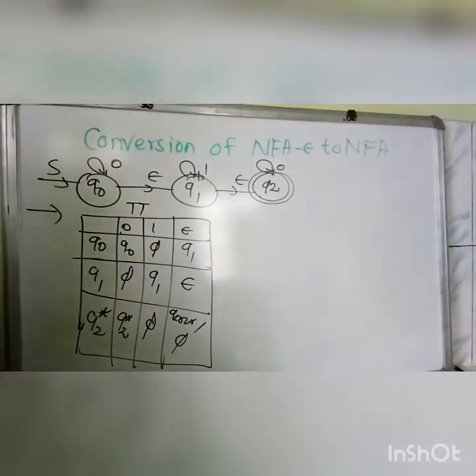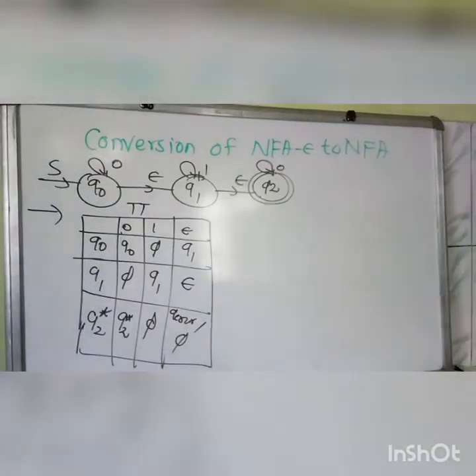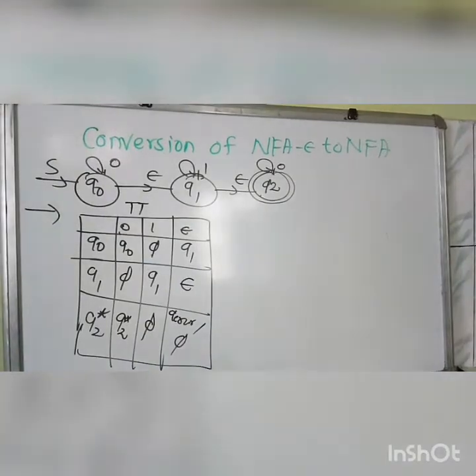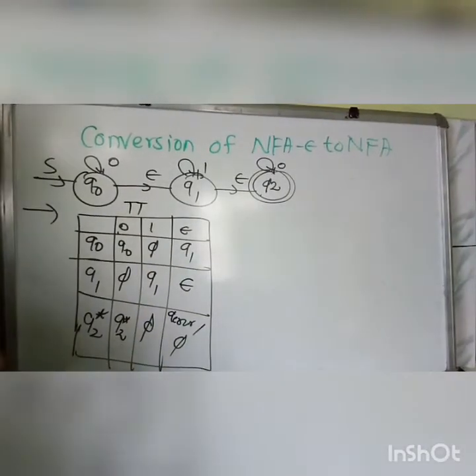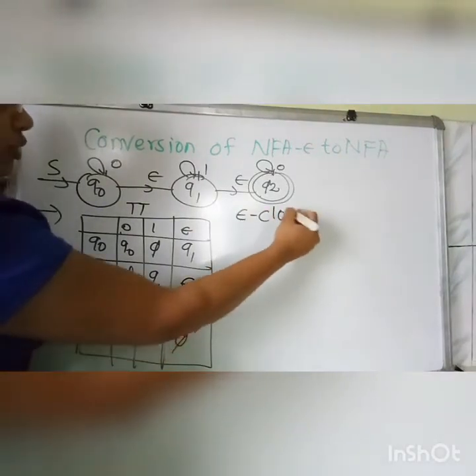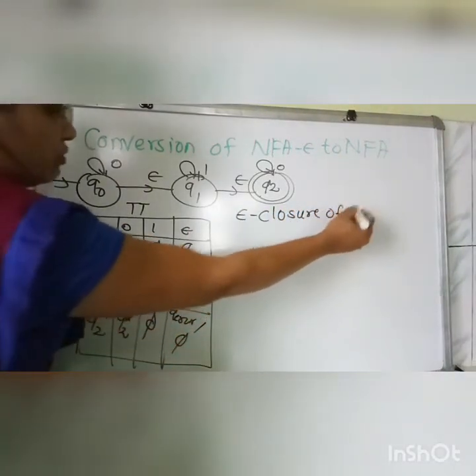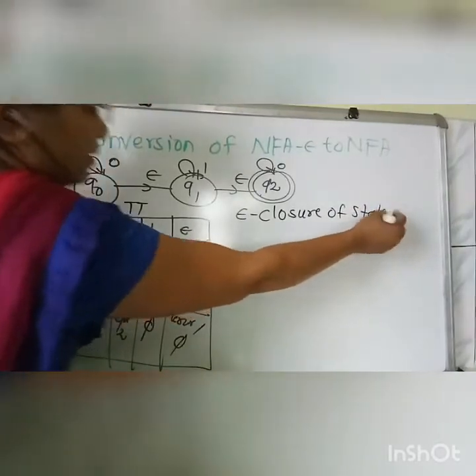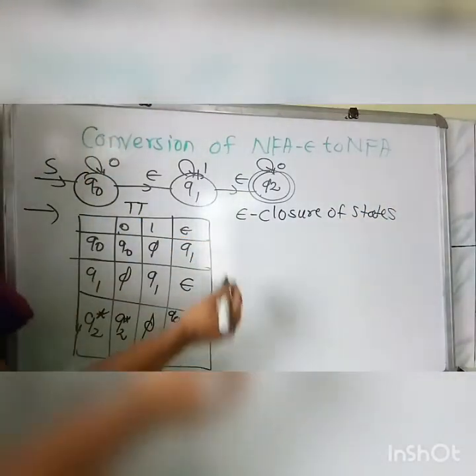Now, with the help of this transition table, we have to convert this NFA epsilon to NFA. Now we will first calculate the epsilon closure of the states.